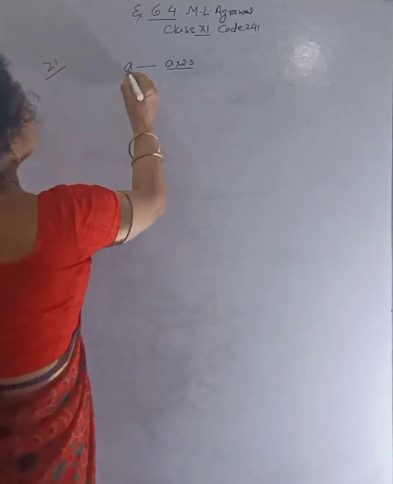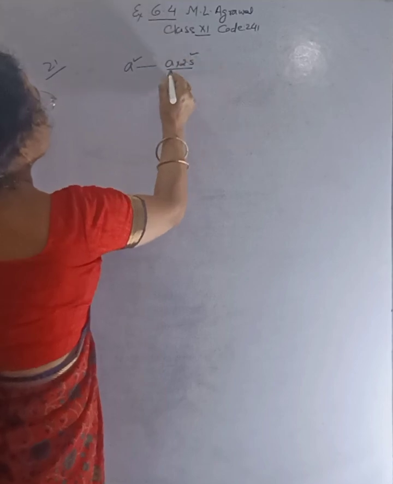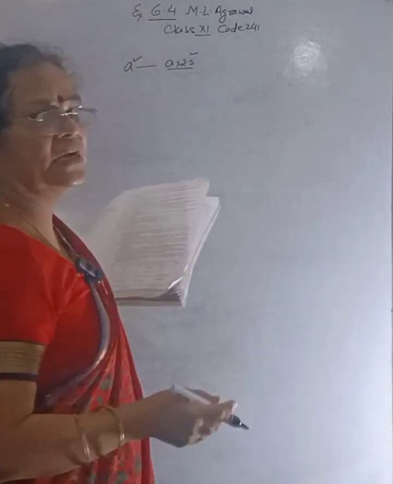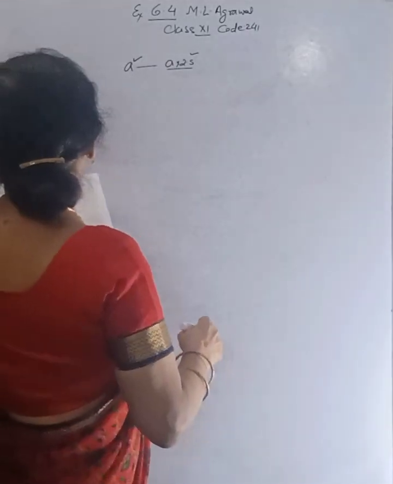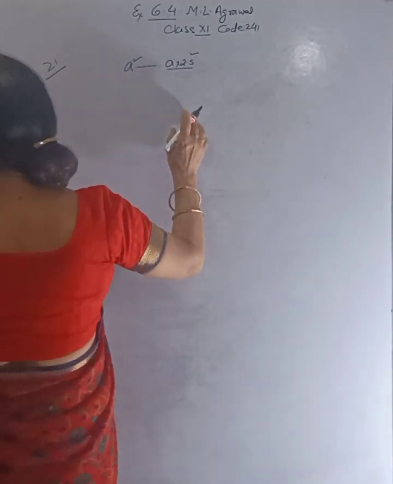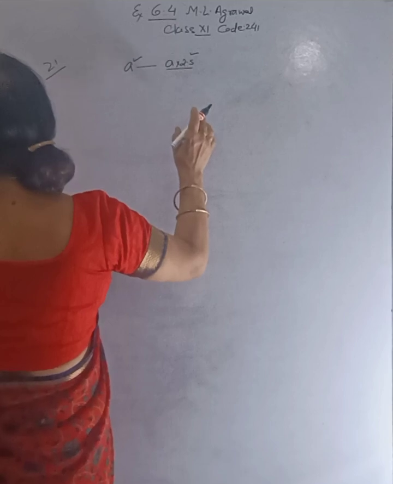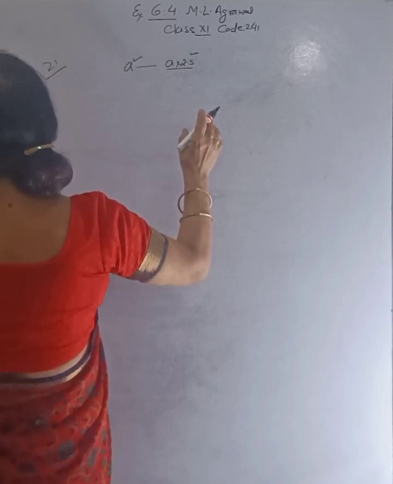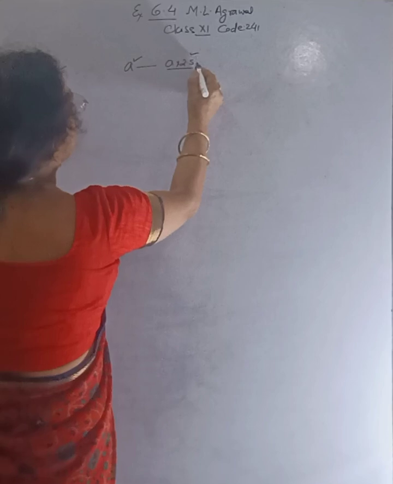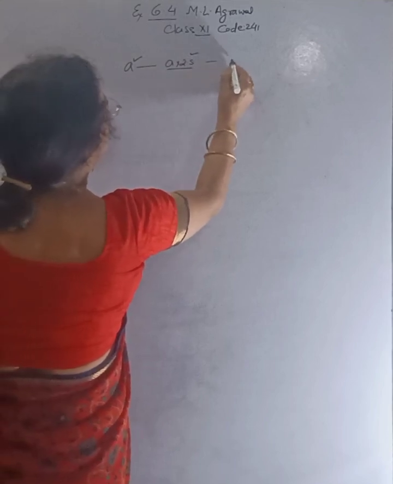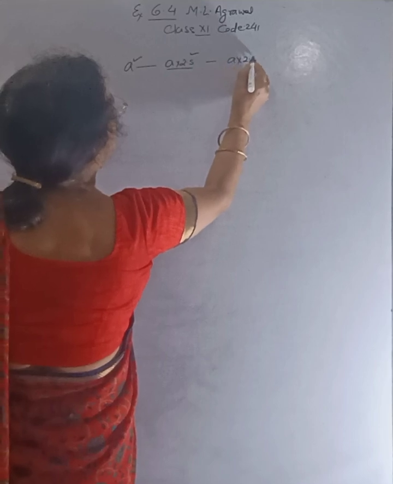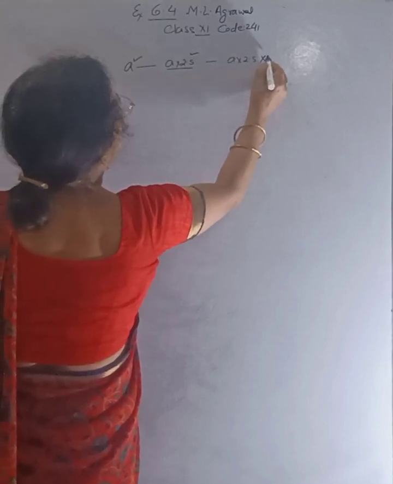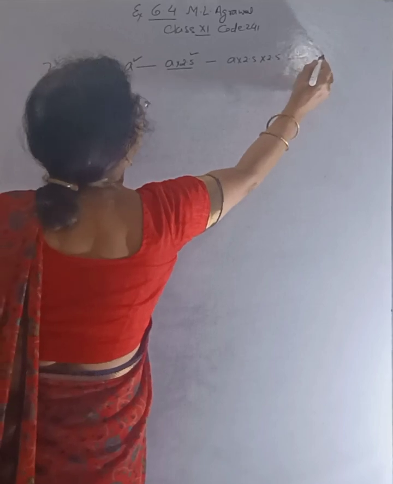It means this is the first term, this is the second year, the population of the insect will be A times 2.5, and the third year it will be A into 2.5 into 2.5, and so on.